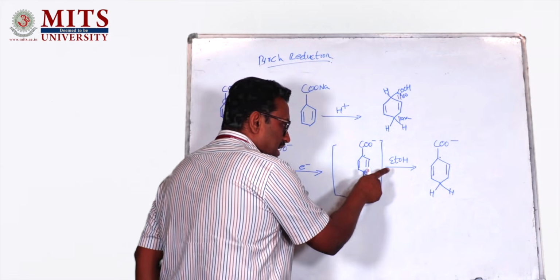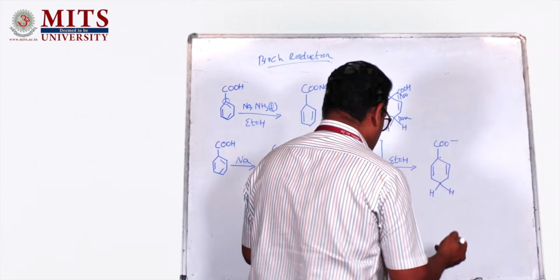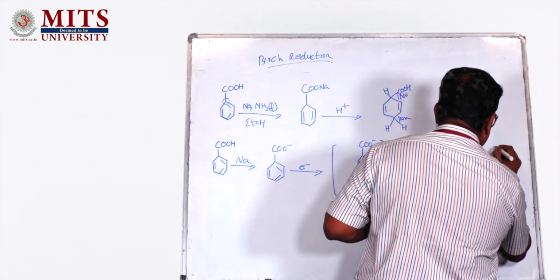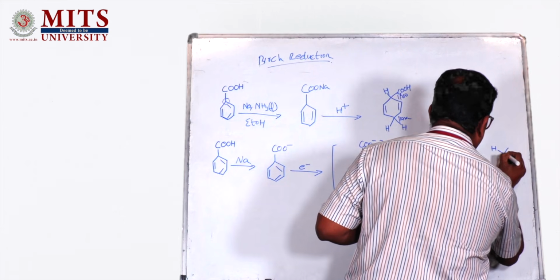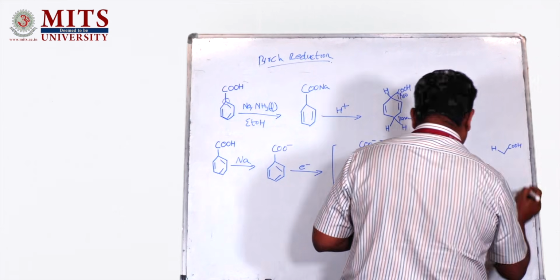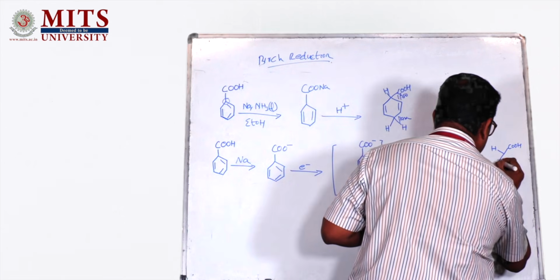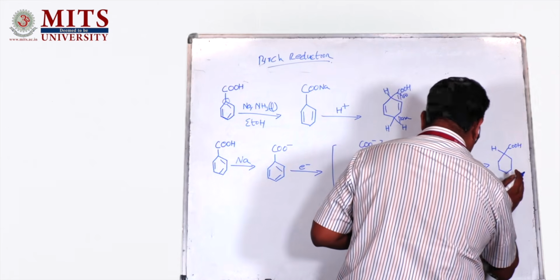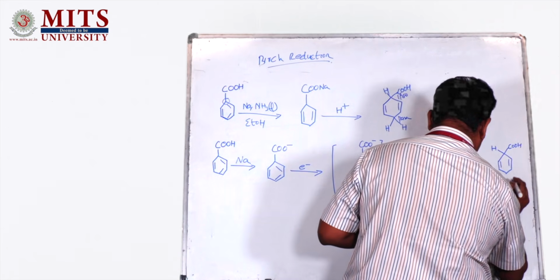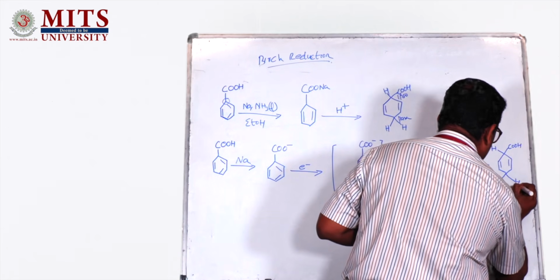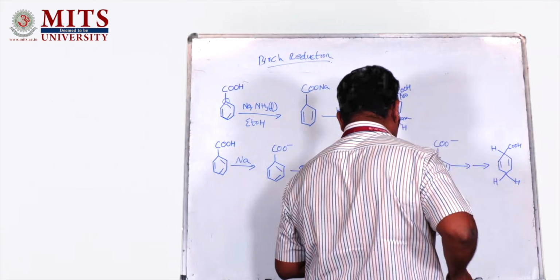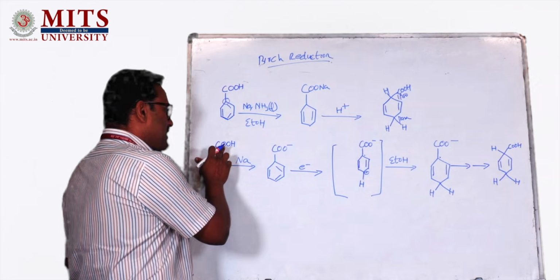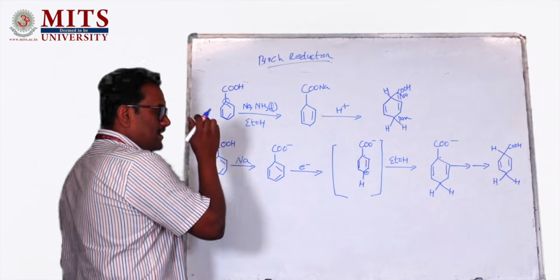Proton abstraction will take place first here, and next at the ipso position. This is the mechanism when the electron withdrawing substituent is present on the benzene ring.